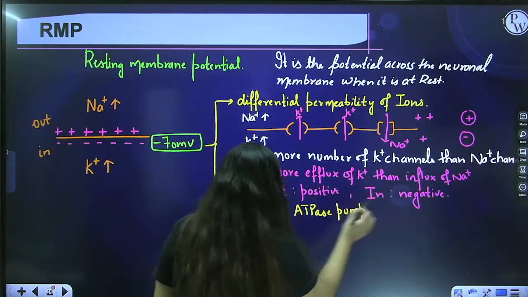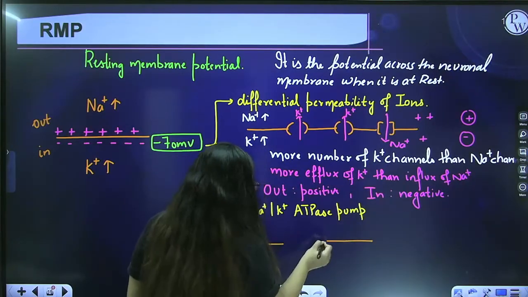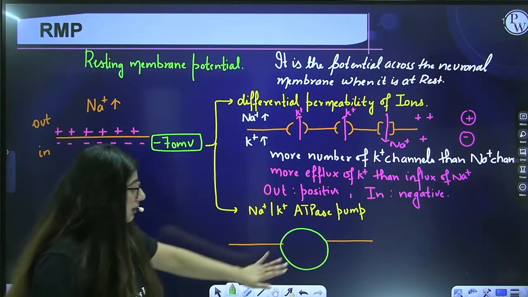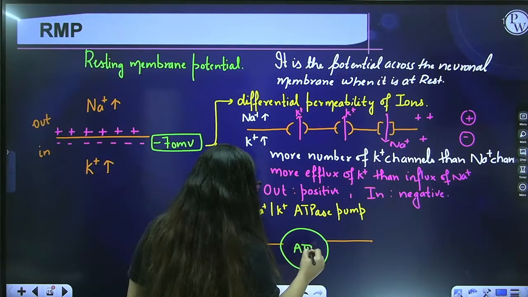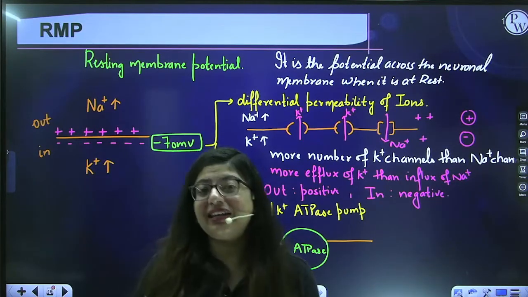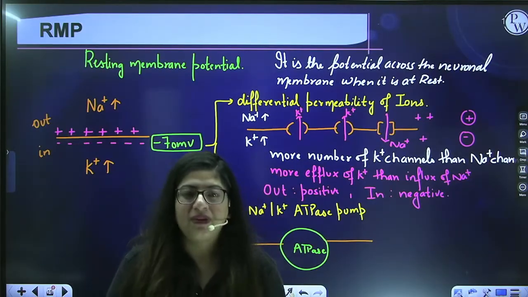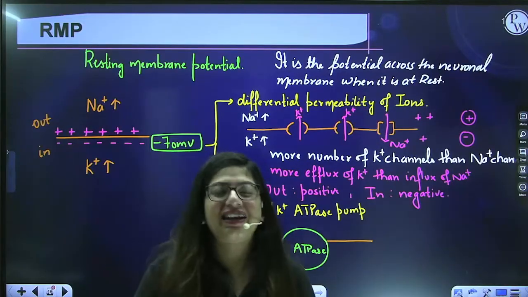If this is the membrane, certain proteins are present in the membrane. These proteins act as ATPase, and they have seats. These seats are not for you to sit on. These seats are for the ions to sit on.